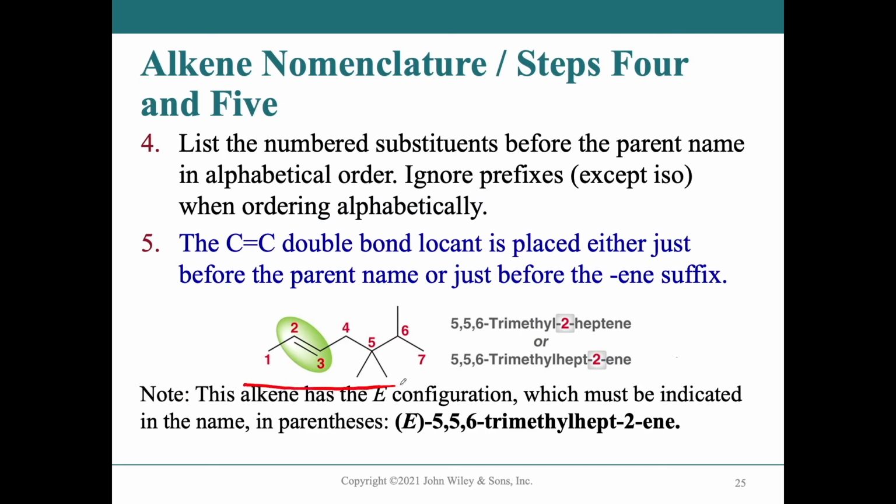So here's the molecule we had in the last slide, and it is in fact, like I said, 5,5,6 trimethyl, right? You can either do 2 heptene, but some people say 5,5,6 trimethyl hept-2-ene. I definitely prefer the top one, but both are correct.